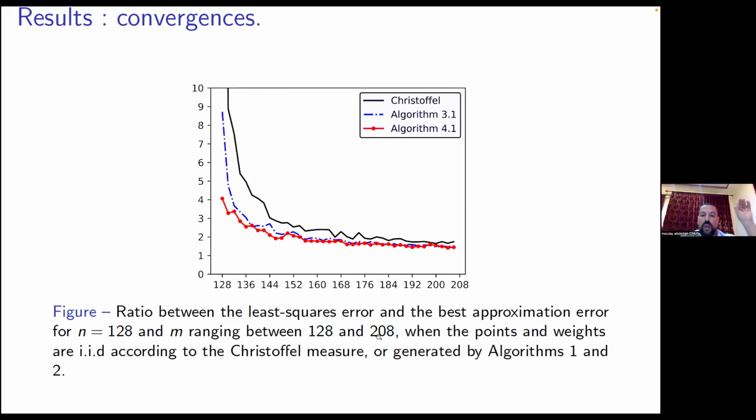For every value, I compute a weighted least squares estimator for the three algorithms, and then compare the L2 error. Actually, we have access to the exact formula of the L2 error. If you look at the paper, this is something that can be done. So we have access to the L2 error, and I compare three algorithms.